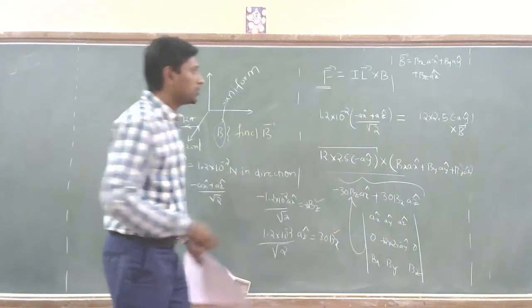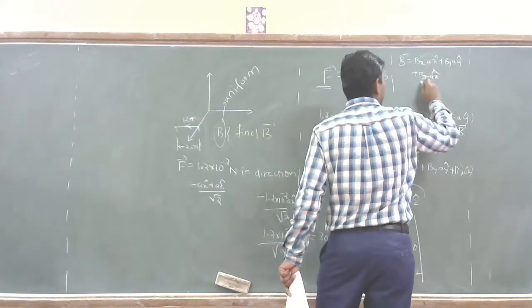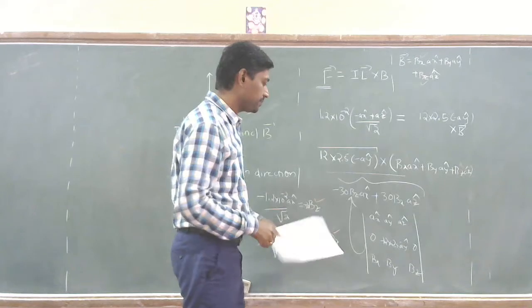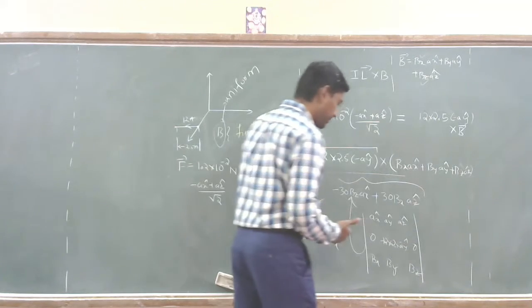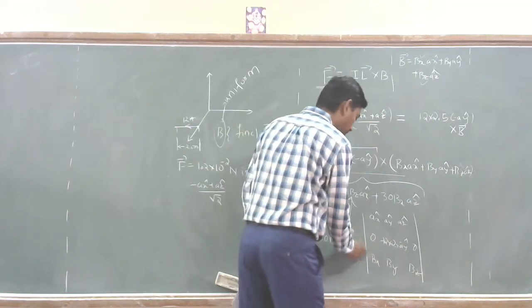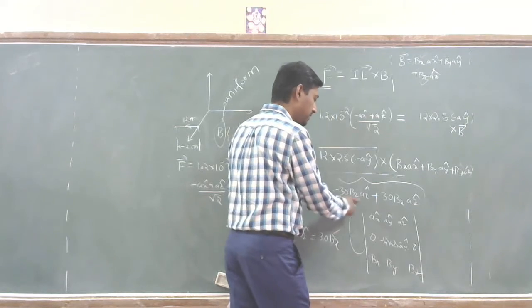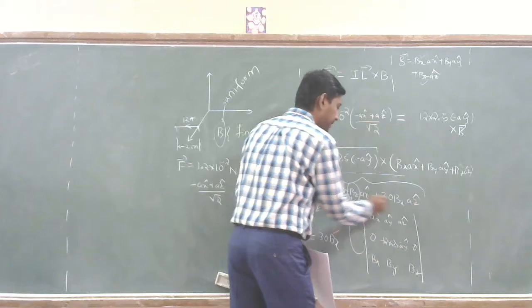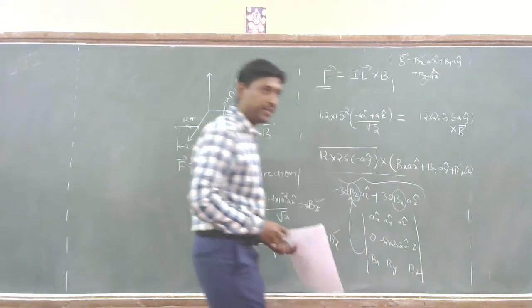Okay. So when we know Bx and Bz, the question remains what will be the By component. And you could see something interesting when you perform the determinant: there is no term By.